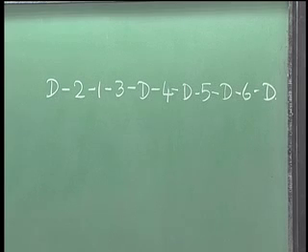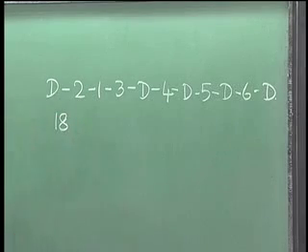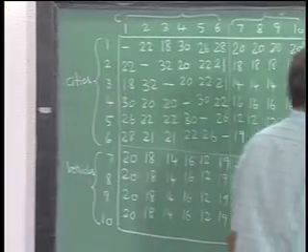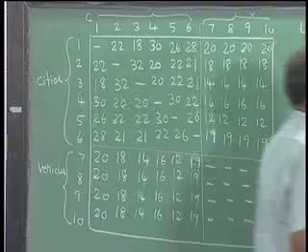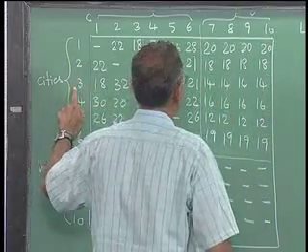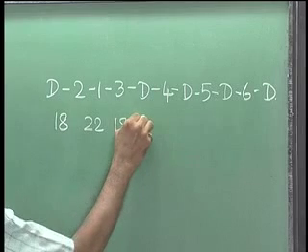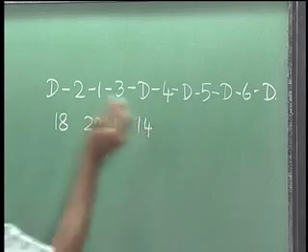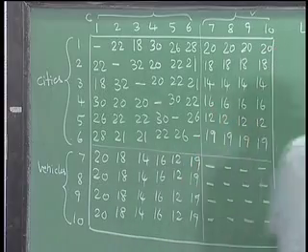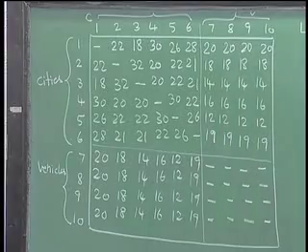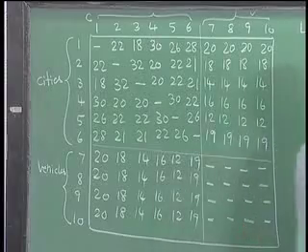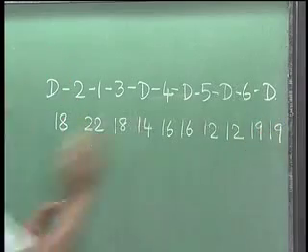Now, D to 2 is 18, 1 to 2 is 22, 1 to 3 is 18, D to 3 is 14, D to 4 is 16, 4 to D is 16, D to 5 is 12, 5 to D is 12, D to 6 is 19 and 6 to D is 19.